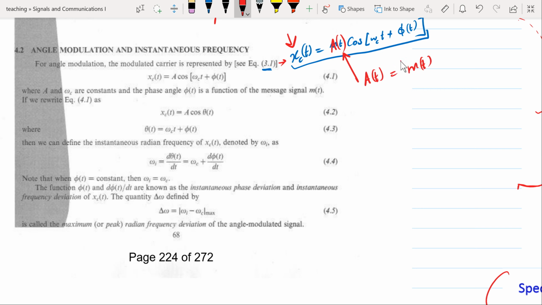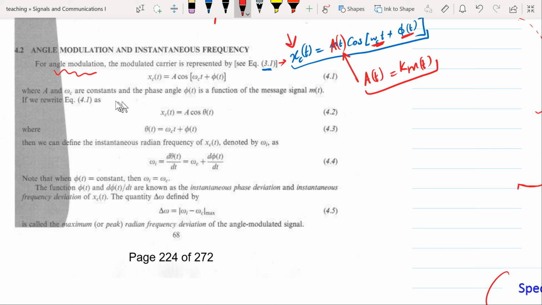We could have a constant k there, and we say that a(t) is directly related to the message signal. But now, just before we go to angle modulation, we say that in amplitude modulation, we normally keep the phase or the frequency, and the phase, constant.